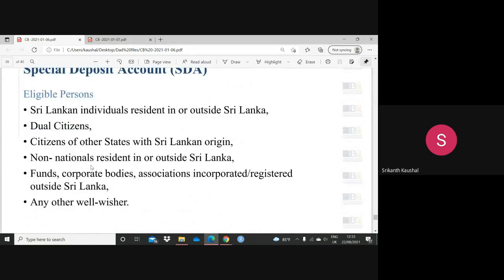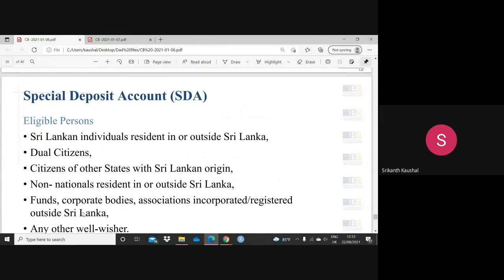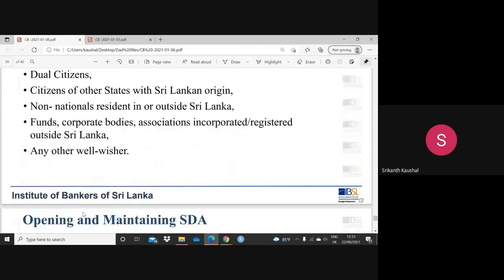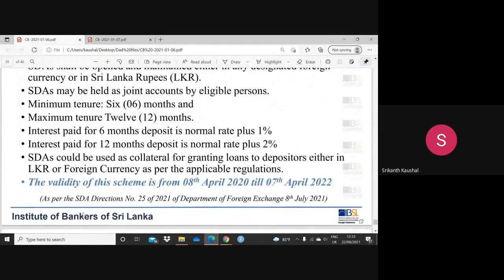Everybody, I think you can see all banks are now promoting the special deposit account. I think this was introduced on, I put the date everything here, right? The validity of the scheme started 8th April last year. It was originally given for 1 year.